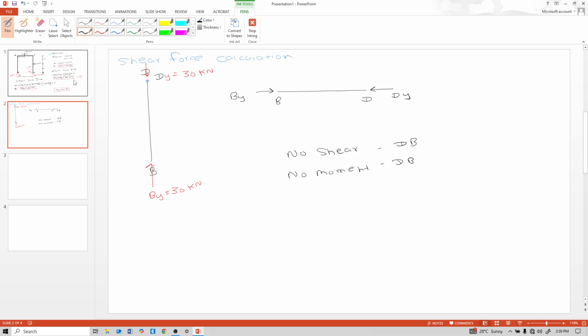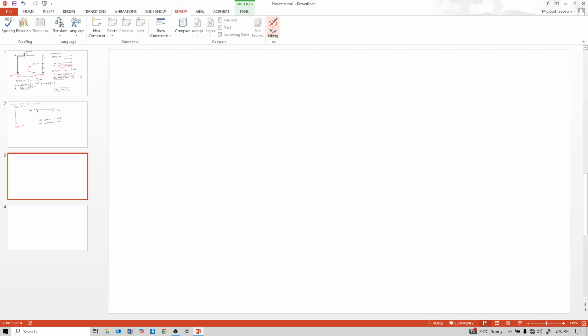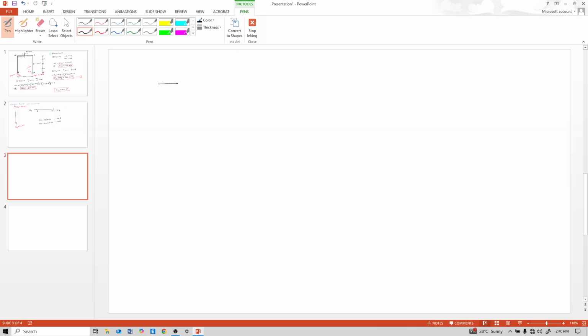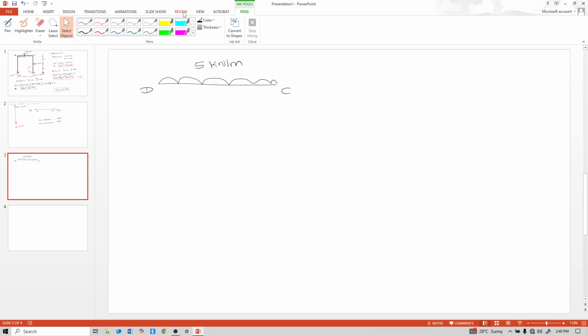We will go clockwise to this DC. So draw this DC. DC has a load. This load has a UDL of 5 kN per meter. Total length of this DC is 10 meter.